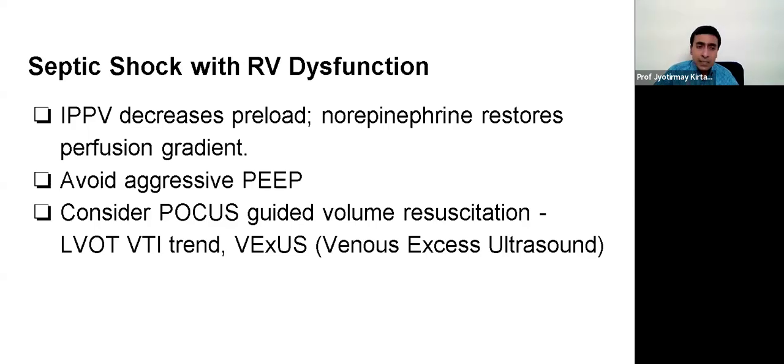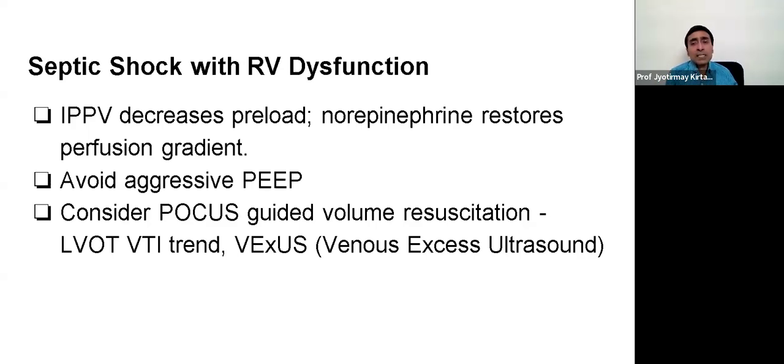On the other hand, if it is underloaded or just normal size, you can give more fluids. And also, for a poor man's cardiac output, if you have a good view of your apical 4-chamber or even a 3-chamber view, you can measure the left ventricular outflow tract velocity time integral. It is very easy, but the trick is that sometimes it becomes difficult to get that apical 4-chamber view.